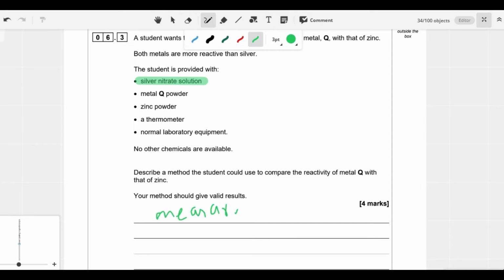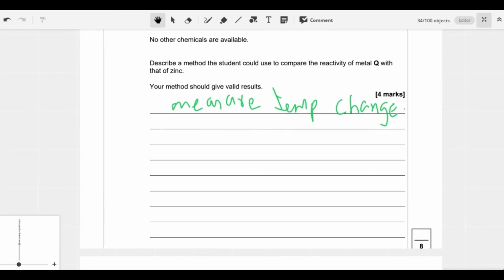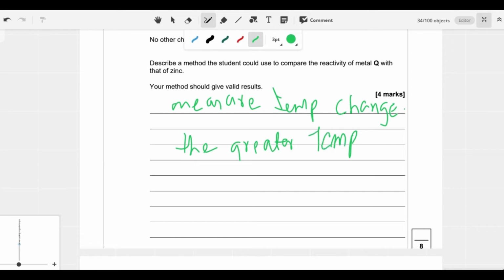So I'm going to write: measure temperature change. Okay. And the next one, you need to check the same mass or moles. So it means that the greater the temperature change, that will indicate the metal Q is more reactive.